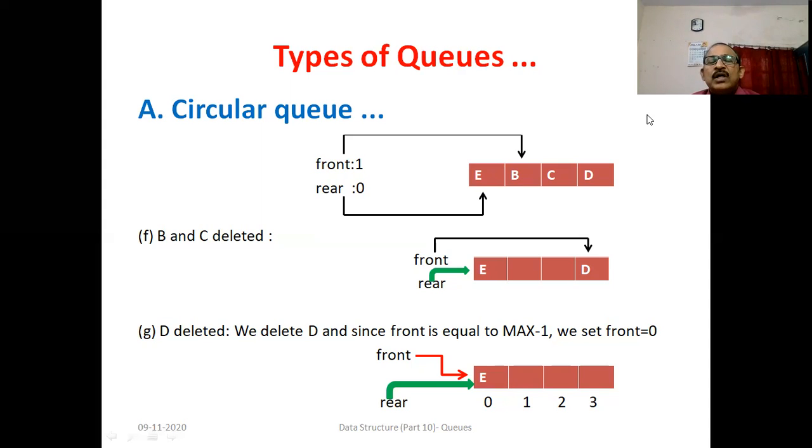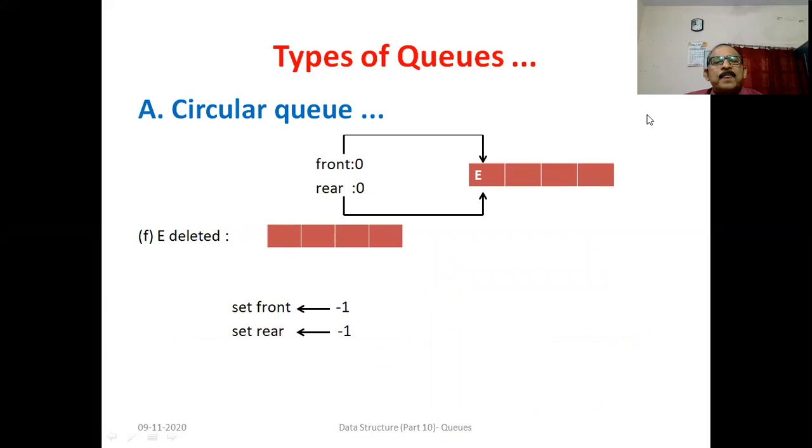So here we have seen how a circular queue works, and when the queue is full and when the queue is empty. Based on these two cases, let us check this scenario.